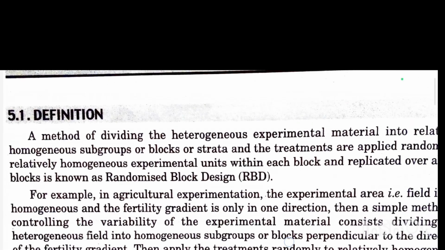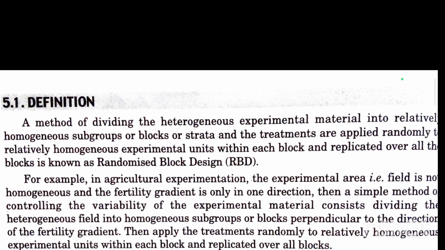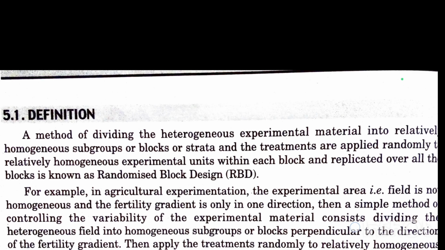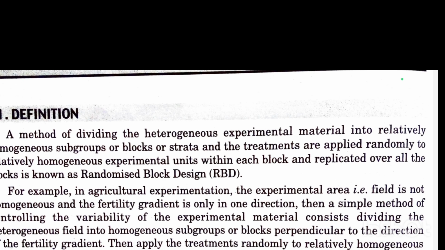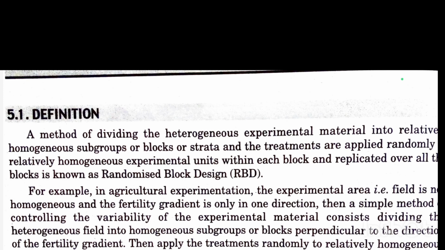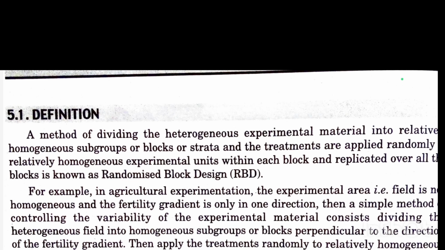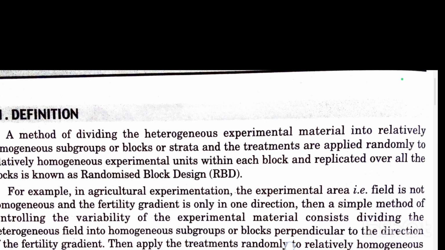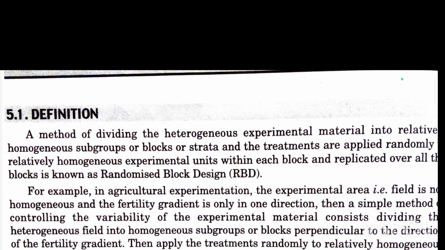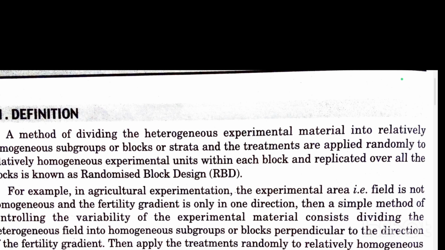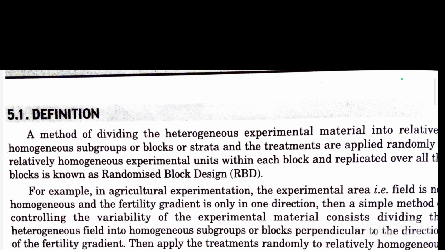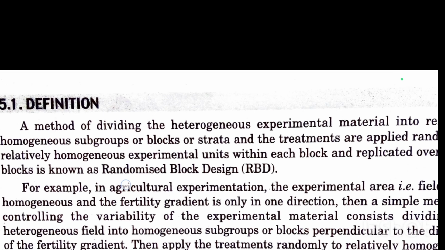For example, in agricultural experimentation, the experimental area or field is not homogeneous and the fertility gradient is in only one direction. Then a simple method of controlling the variability of the experimental material consists of dividing the heterogeneous field into homogeneous subgroups or blocks perpendicular to the direction of the fertility gradient.